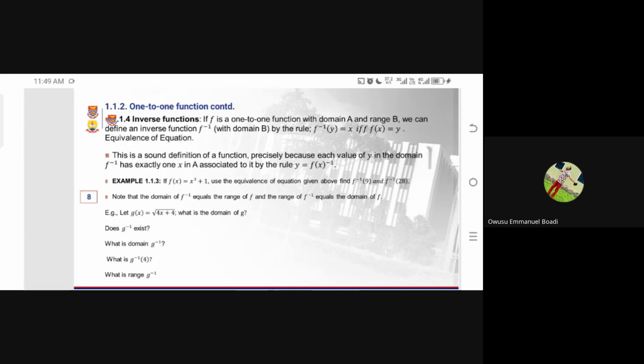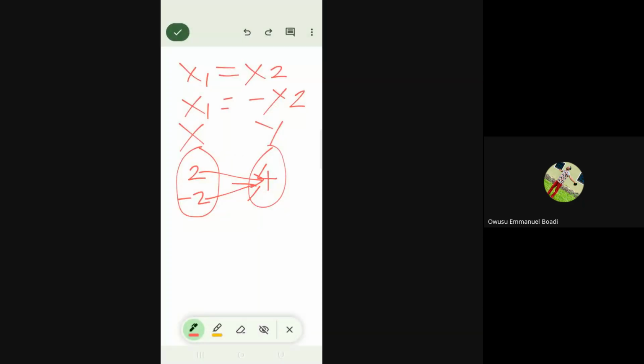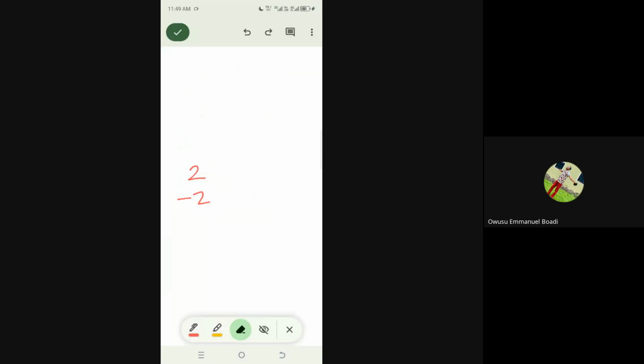So let me illustrate everything I'm saying here so that it doesn't sound clumsy. We have a function f of x equal to y. Now we want to find the inverse of this particular function.